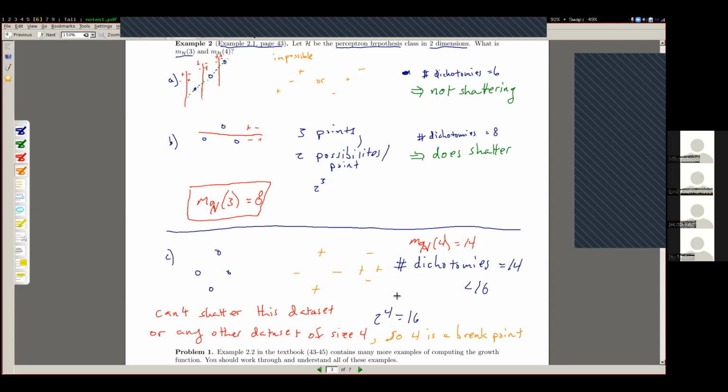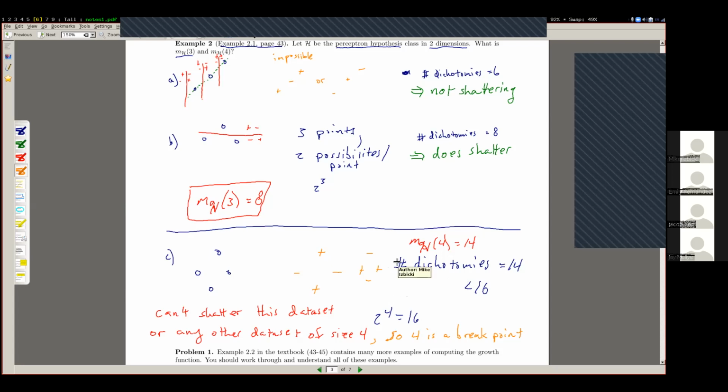So once you pass a breakpoint, would you say that hypothesis is no longer sufficient for working with data sets of that size? It's a great question. The question is, is the hypothesis no longer good for working with data sets that size?